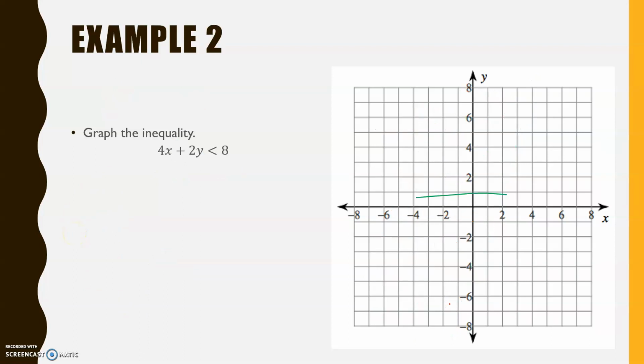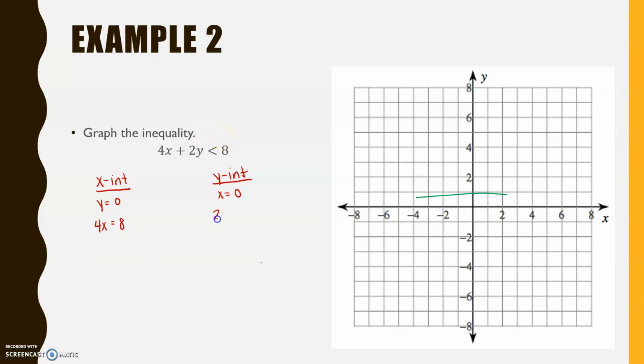All right, so this one is in standard form, so I'm going to find my x and y intercepts. For the x-intercept, I'm going to plug in y equals 0, and for the y-intercept, I plug in x equals 0. I'm going to get 4x equals 8, because remember, if I plug in 0 for y, those cancel out, so I'm just going to skip that step.